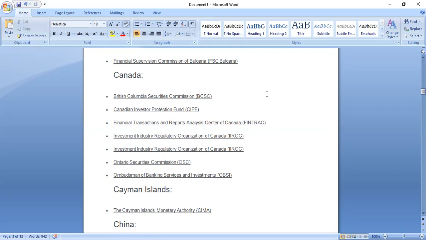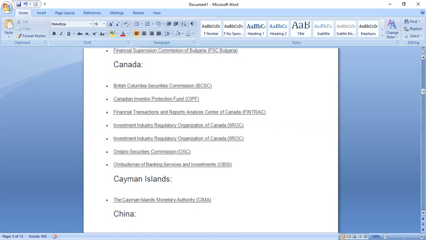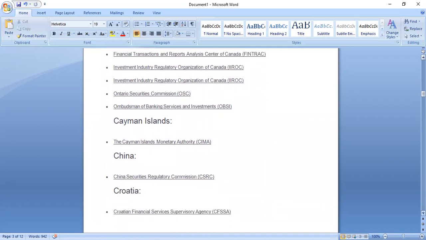So all these institutions are there to regulate the activities of forex in Canada. So if you sign up to any broker in Canada, find out whether they are being regulated by any of these institutions. Is that okay?